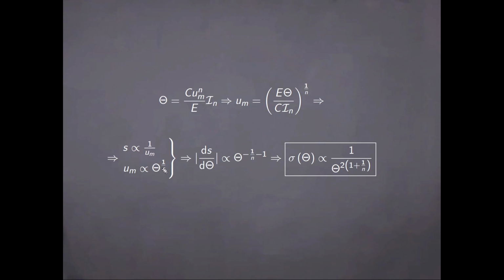So the conclusion here straight away is that the derivative of the impact parameter with respect to the scattering angle is in absolute value proportional to this power of the scattering angle, and as such, the differential cross-section itself is proportional to 1 over the scattering angle at the power given here. So this is a very general result that is valid for high energy scattering in any repulsive power law potential.